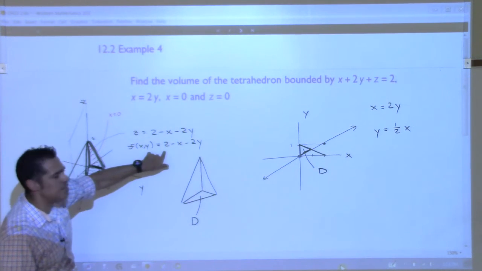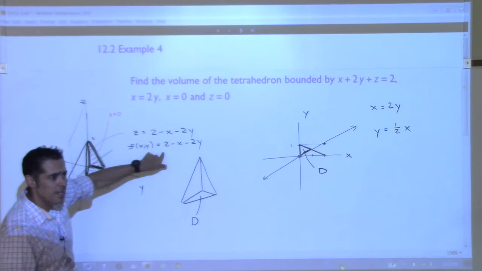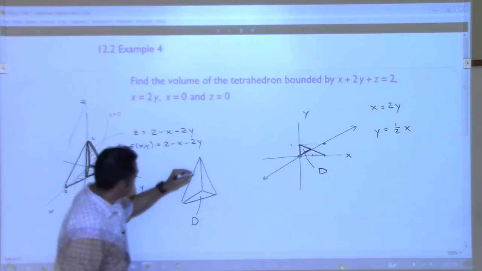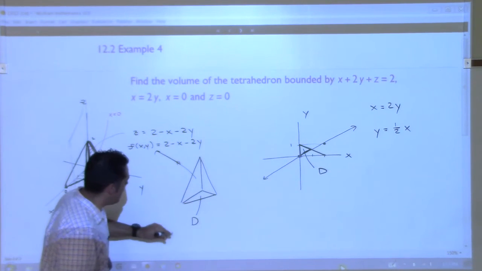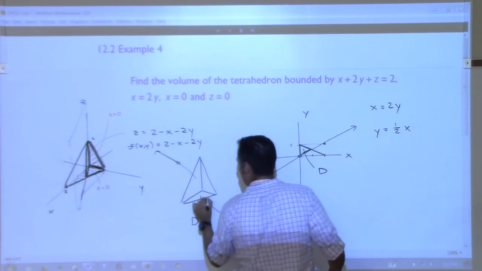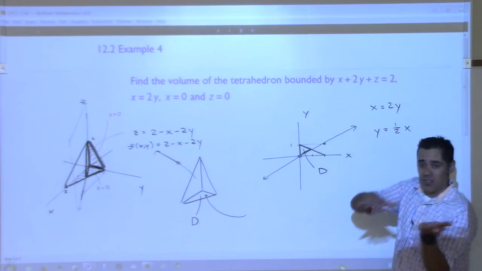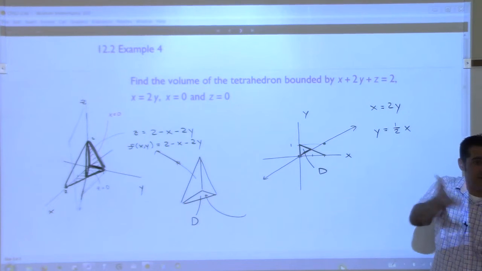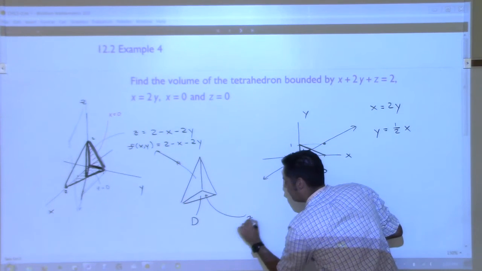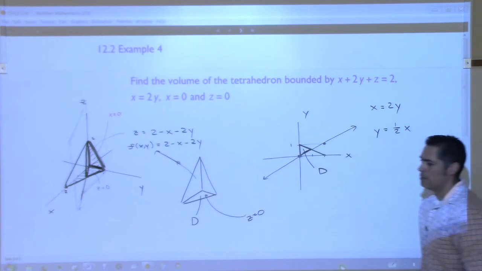This is my top surface. Solve for z. That's my top. So this piece right here is that. But what's the bottom piece? What's the bottom of this? I know it's my domain, but as a surface, what can I call that bottom? Z0, right? That's Z0. That's the XY plane.